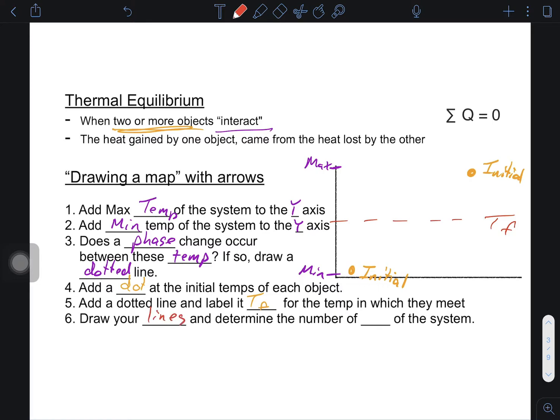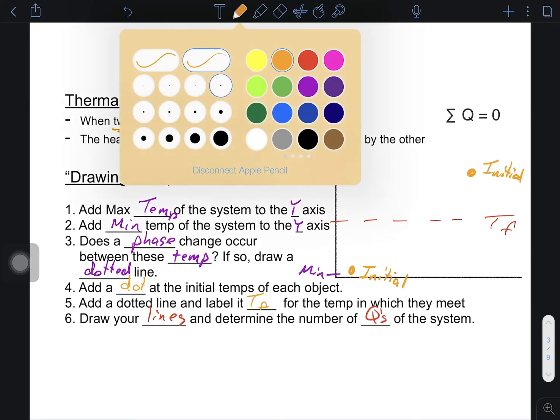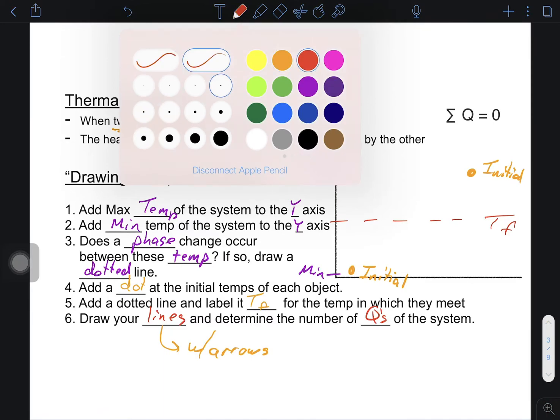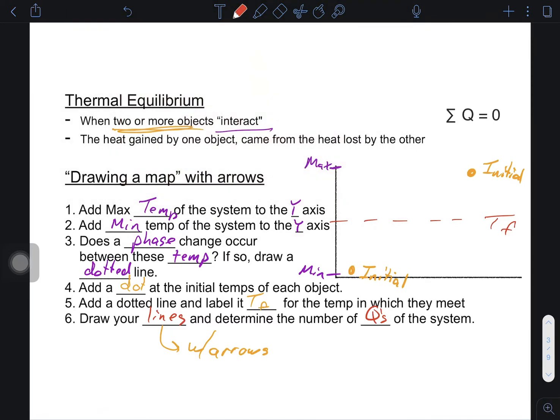And then we're going to draw your lines and determine the number of Qs within the system. Now, one thing I want to emphasize when we're drawing lines is that it's with arrows. Okay, we need to include those arrows. So if we start with an object here, it's going to increase in temperature until it gets to this TF.